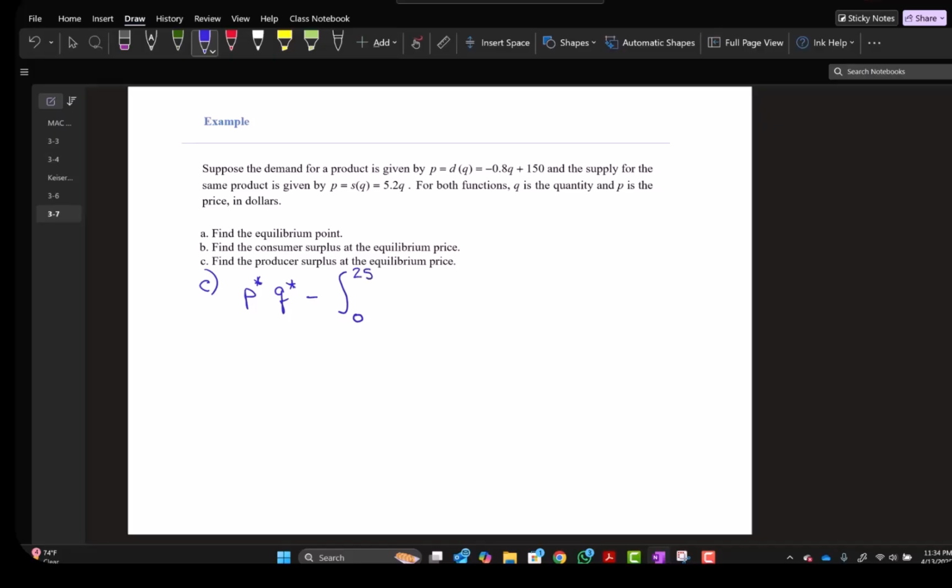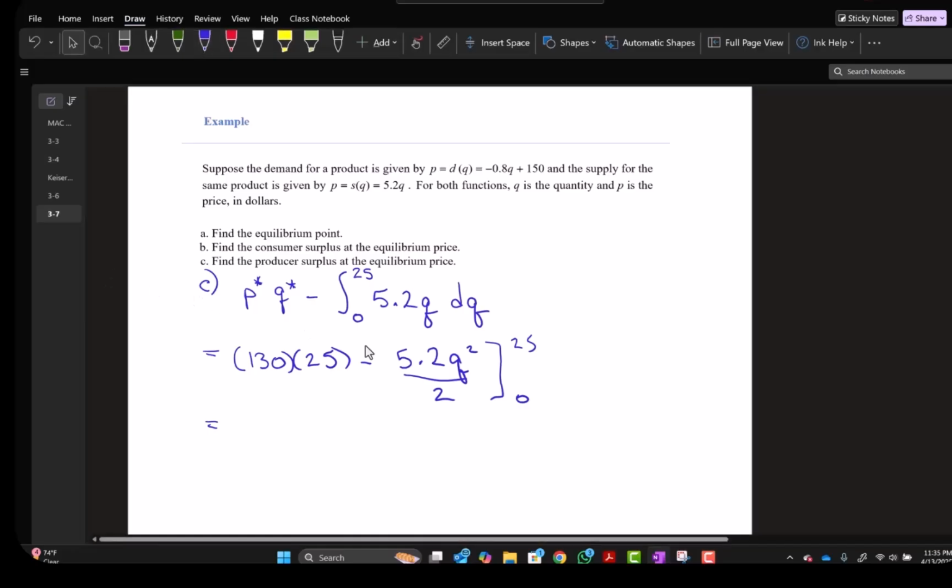And the supply is 5.2 Q dQ. This is 130 times 25 minus 5.2 Q squared divided by 2, evaluated between 0 and 25.